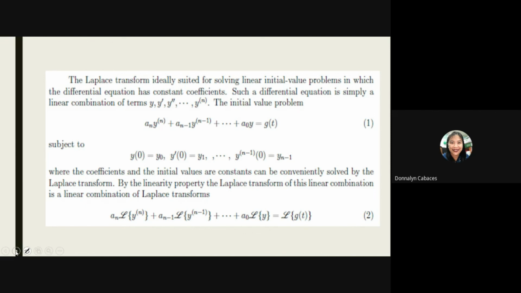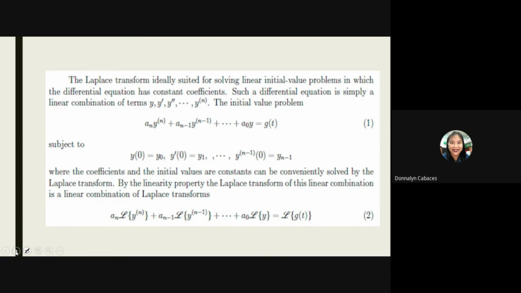And the initial value problem, a sub n y to the n plus a sub n minus 1 y to the n minus 1 plus up to a sub 0 y is equal to g of t, subject to the given conditions: y of 0 is y sub 0, y prime of 0 is y1, up to y to the n minus 1 of 0 is equal to y sub n minus 1, where the coefficients and the initial values are constants, can be conveniently solved by the Laplace transform.